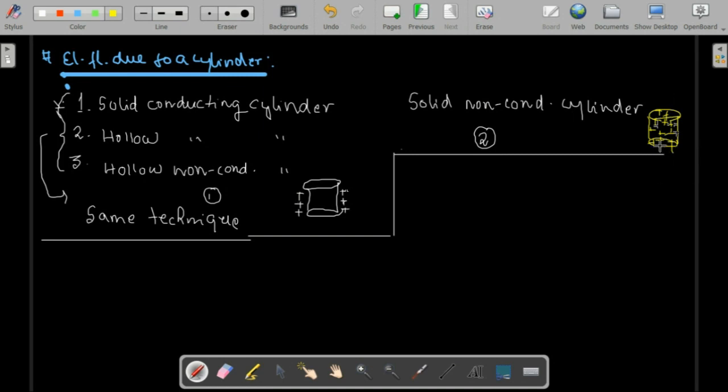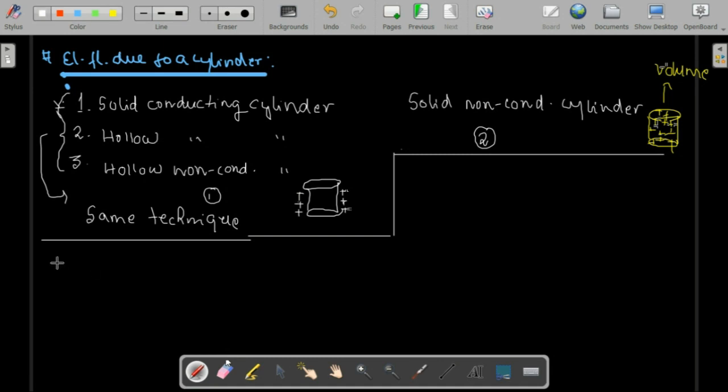So there you have to use the concept of volume, and volume charge density will come into the picture. But here we're talking about the surface only, so only the surface charge density is important in this case. For the solid conducting and hollow non-conducting cylinders, the images would be the same.